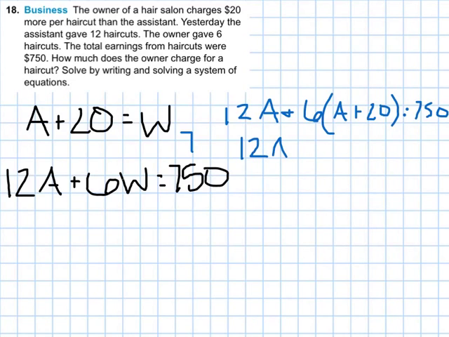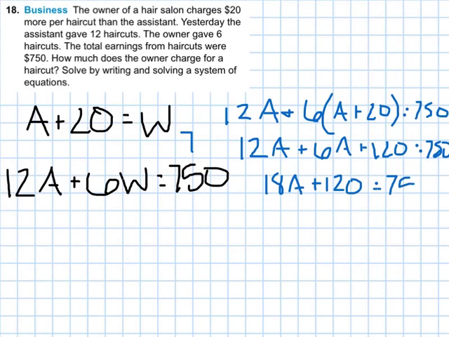Now, 12A plus 6A plus 120 equals 750. Now, 12A plus 6A is 18A plus 120 equals 750. So we'll subtract 120 from both sides.